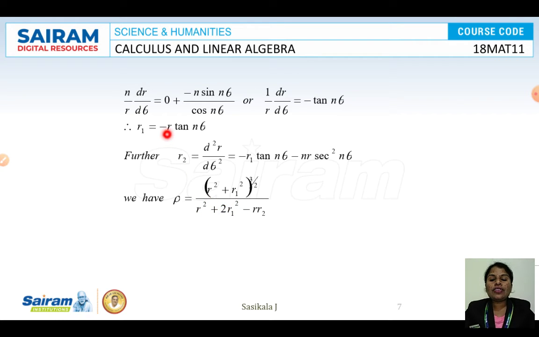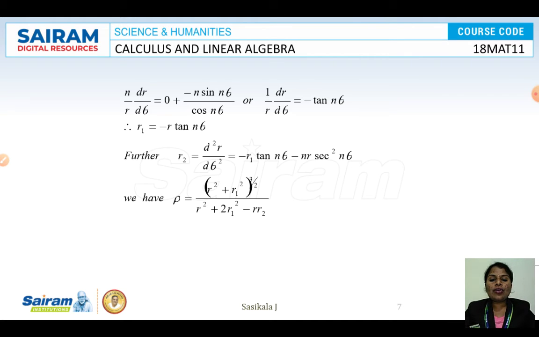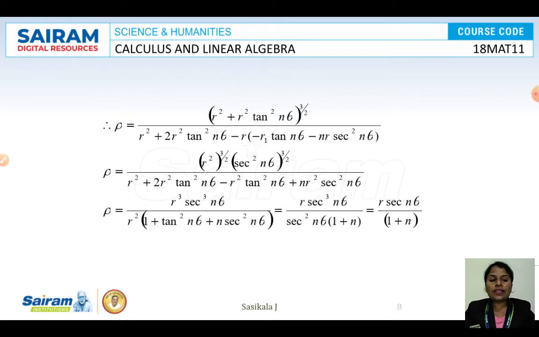It is 2r² tan² nθ as written, minus, what is that? Use here r2. So minus, what is that I have? Minus r² tan² nθ plus n r² sec² nθ. So you can replace here and take r inside for this step. What is that? Minus r of minus r1 tan nθ minus nr sec² nθ.